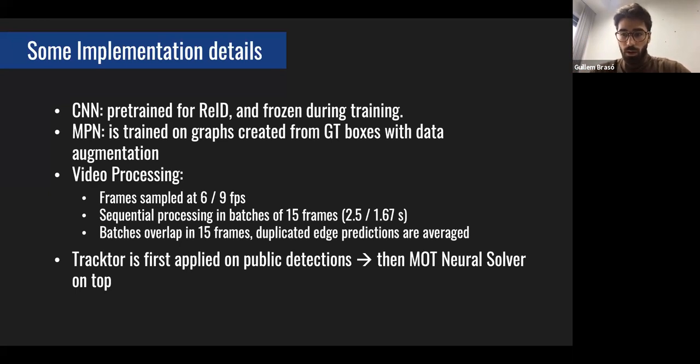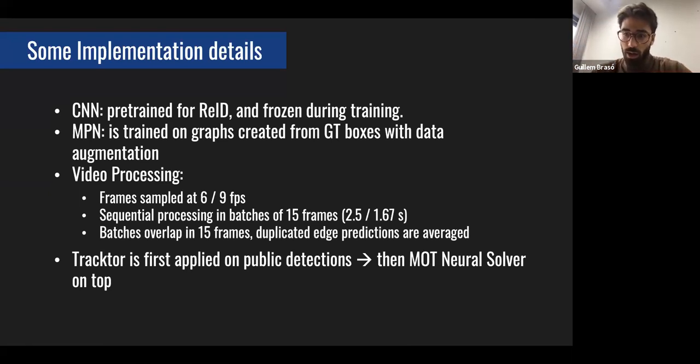And also, since we process one of every 5 frames or so, in between we still have to complete our trajectories, right? We know that an object is at frame 1, then at frame 5, but what happens in between? One option is to interpolate the coordinates in between, do bilinear interpolation, for instance. But we also use Tractor for that purpose, to fill these gaps and better interpolate their trajectories.